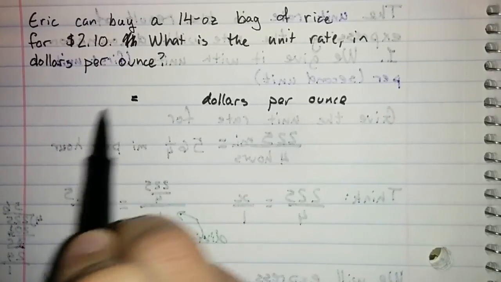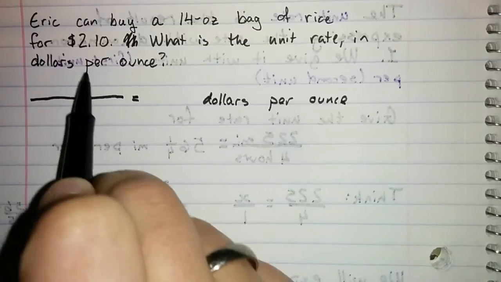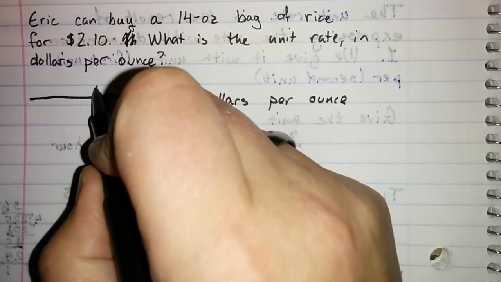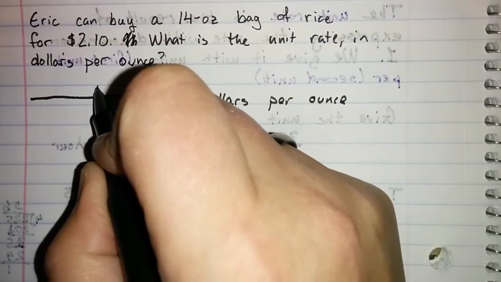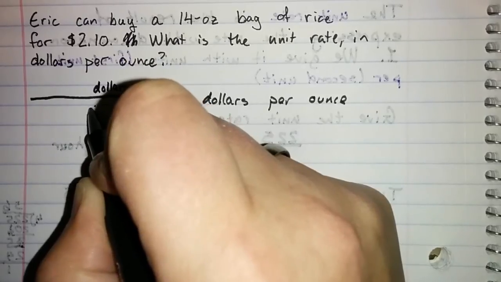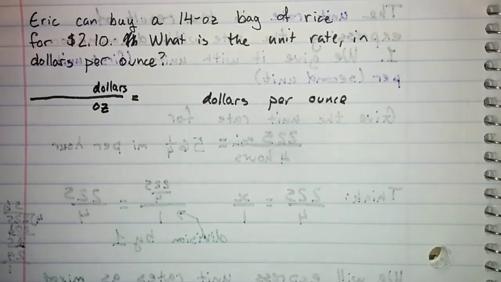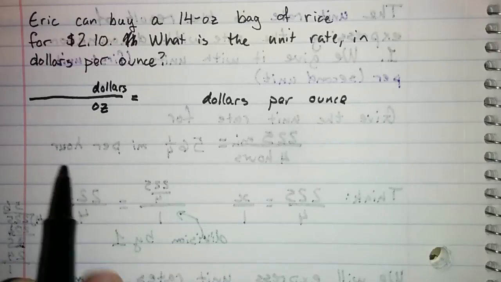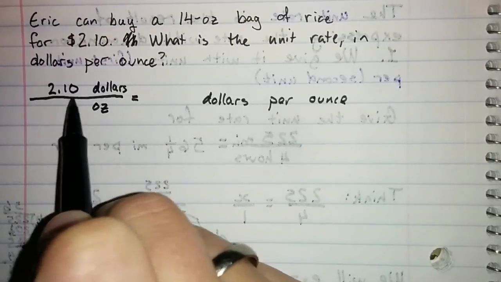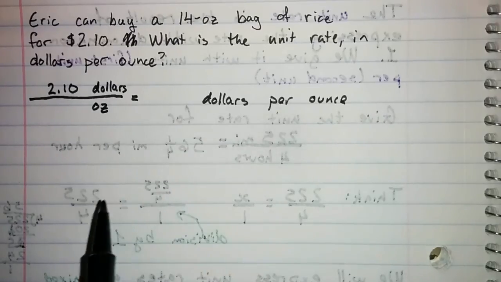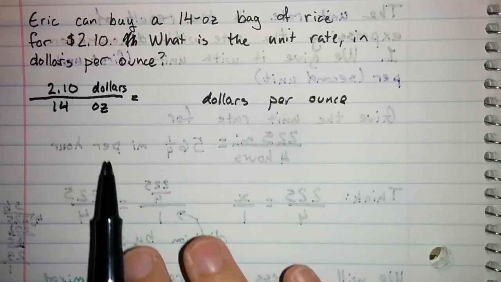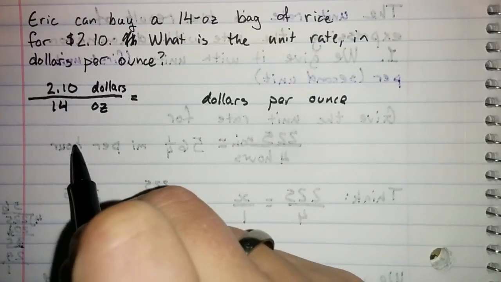That tells us that when we write our rate as a ratio, we'll want the dependent quantity to be dollars and the independent quantity to be ounces. We have $2.10, so $2.10 for 14 ounces. To find the unit rate, then we just do this division.